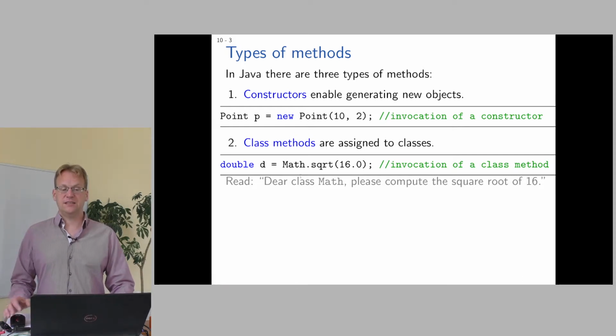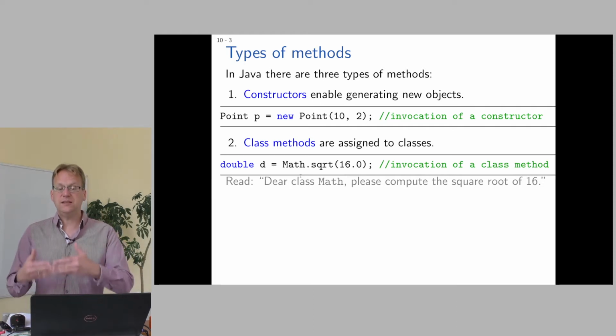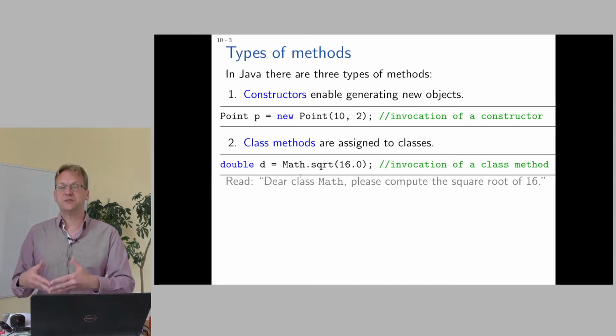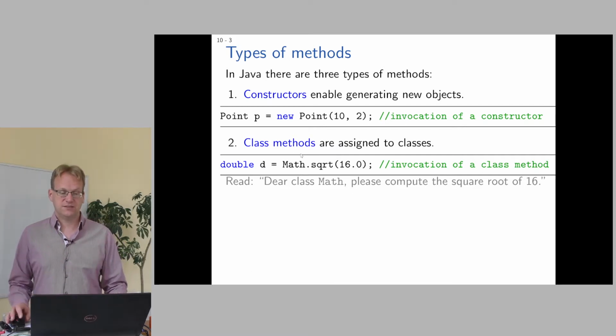So I'm basically addressing this class Math: dear class Math, please compute the square root of 16. That's how to read such a class method. You always have the class name dot name of the method, and then in the round brackets 16.0. The outcome is then returned, and here I'm assigning that to this double variable d. So d is now 4.